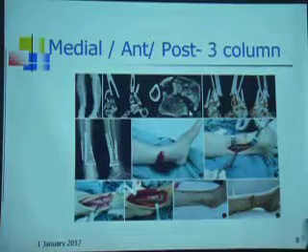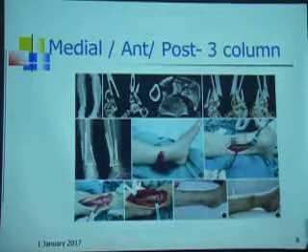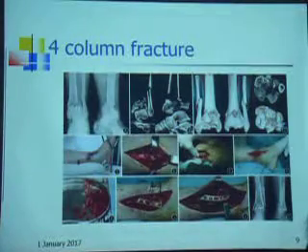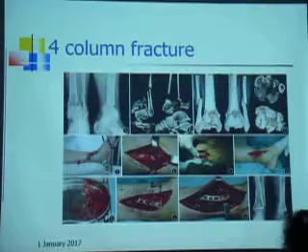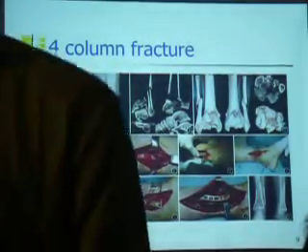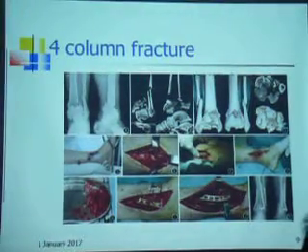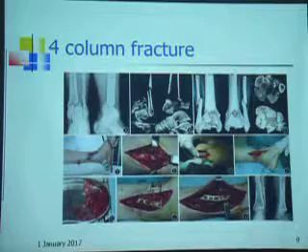So this is a 4-quadrant classification of pilon fracture, or 3-column also. The column which is gone, we will fix it, like proximal tibia. Same 3-column concept. We can choose where you need to go and which quadrant to fix.